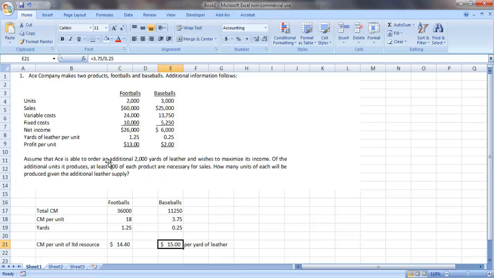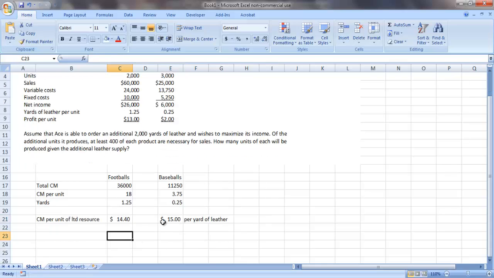We were told we had an additional constraint in that we needed to produce at least 400 of each product to satisfy customer demand. So we will make the bare minimum number of footballs, 400, and that 400 units of footballs will require the use of 500 yards of leather.